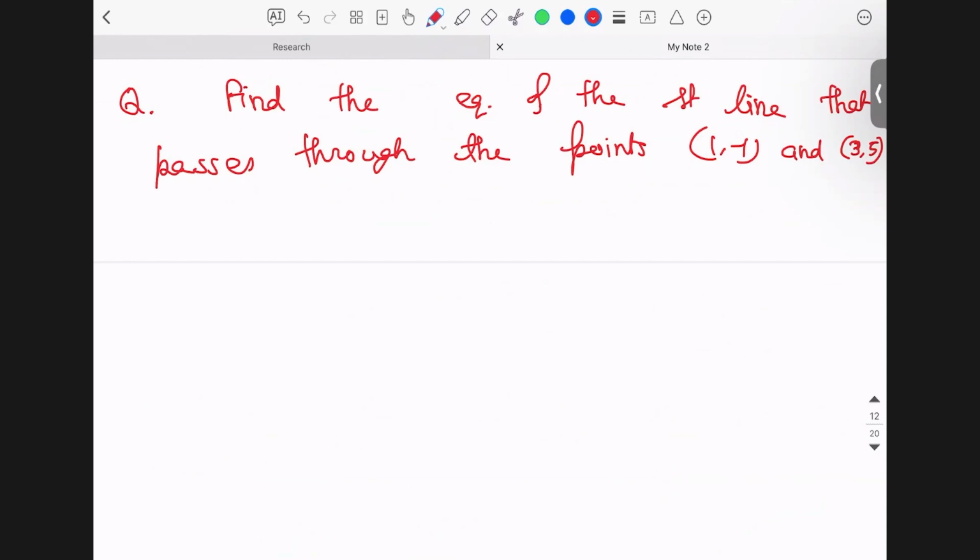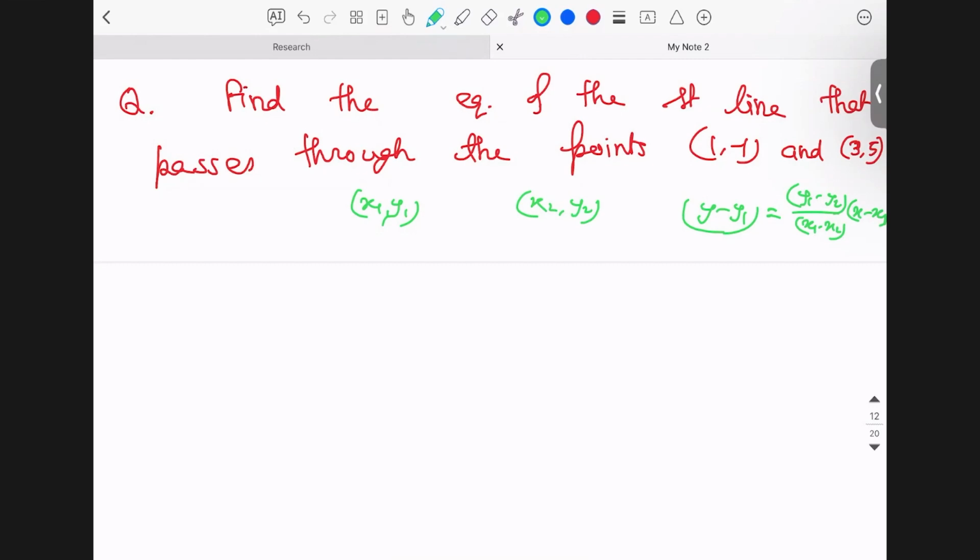Let us write the equation of a straight line passing through the points (x1, y1) and (x2, y2). The equation will be of the form y minus y1 equals (y1 minus y2) divided by (x1 minus x2) into (x minus x1).